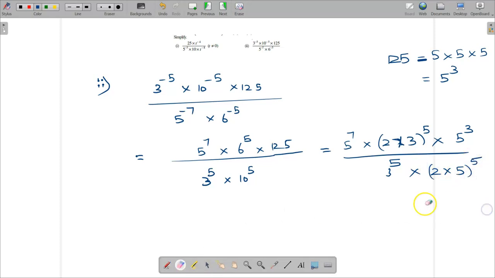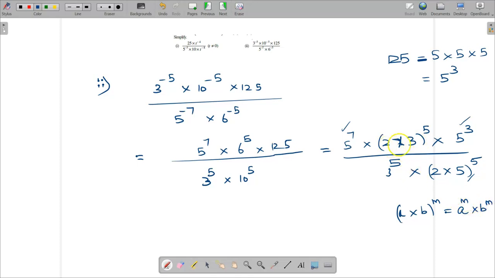Once you have done that, whichever terms you can combine, combine them. What terms are available? I have 5 power 7, 5 power 3, 5 power 5. These 3 terms I can combine. Similarly, I have 3 power 5 and 3 power 5 here, and 2 power 5 and 2 power 5. First, let us split this term. If I have the term a into b the whole power m, this power is common for both terms, so I can write it as a power m into b power m.